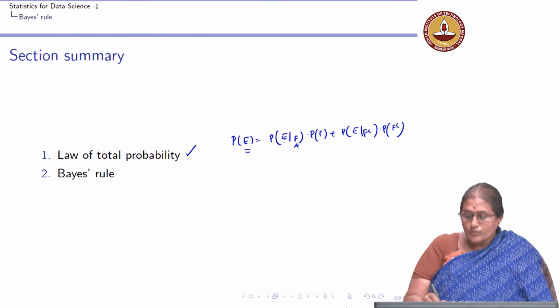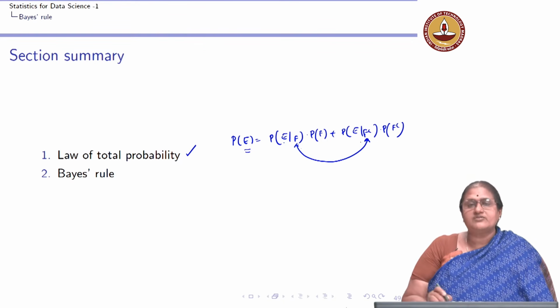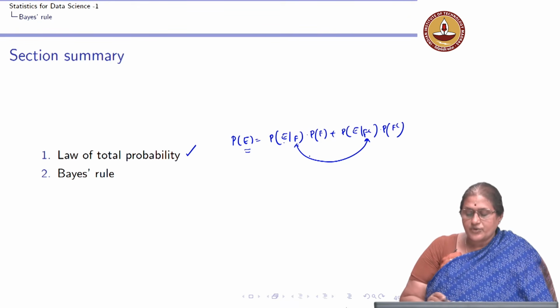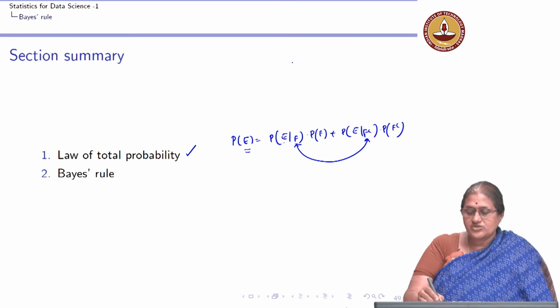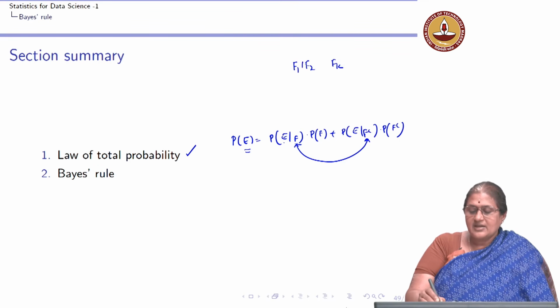The mutual exclusivity of these two events is very important. Not only the mutual exclusivity, the exhaustiveness. So, when I have more than two events, I said that these are mutually exclusive and they are exhaustive.